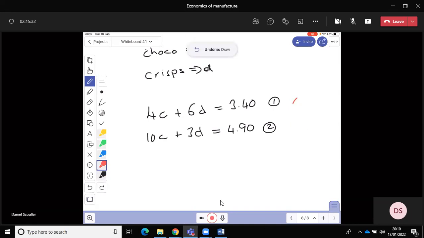But we don't need to. We could just multiply that by 2, to bring that up, and that means both would be the same. So let's just do that. Multiply that by 2, which would give us no change to the top one.